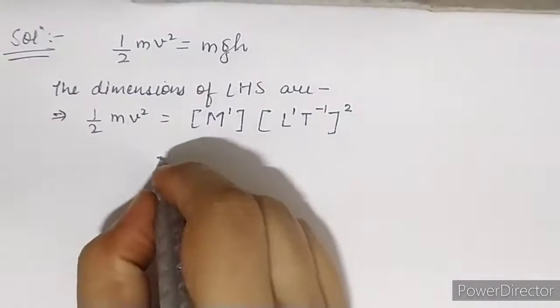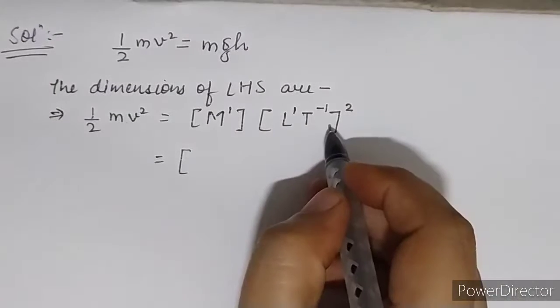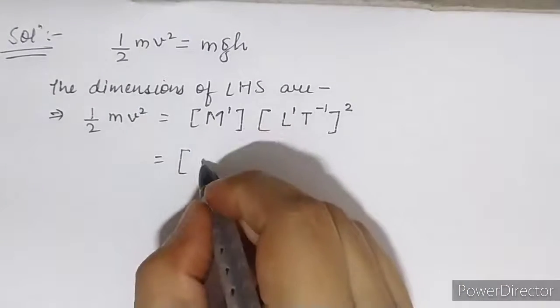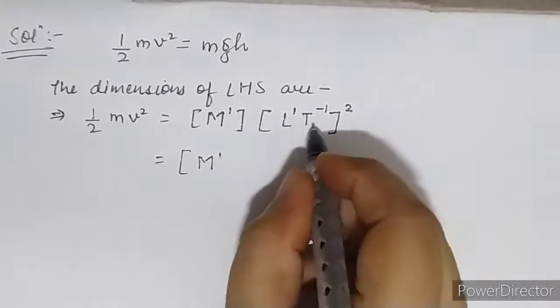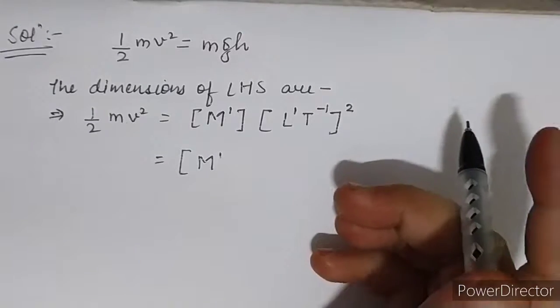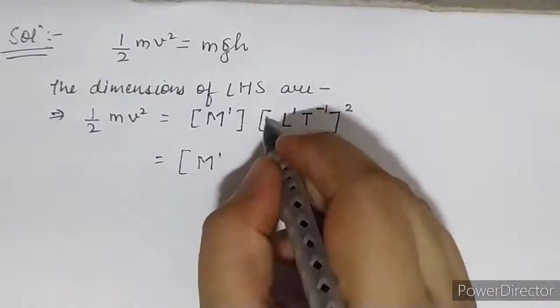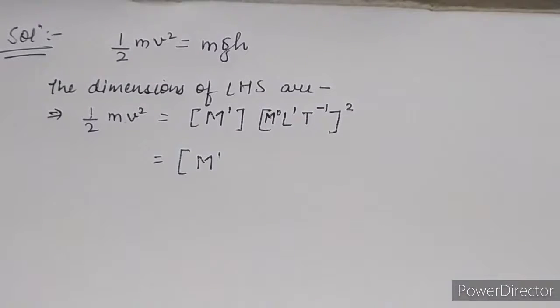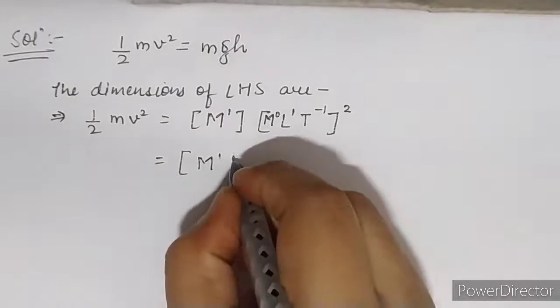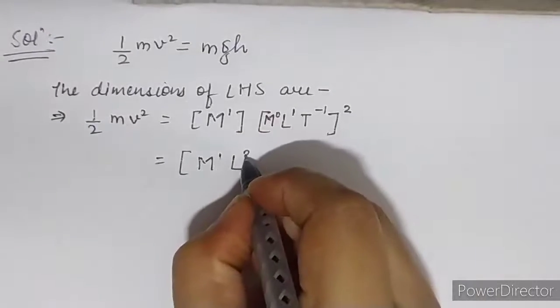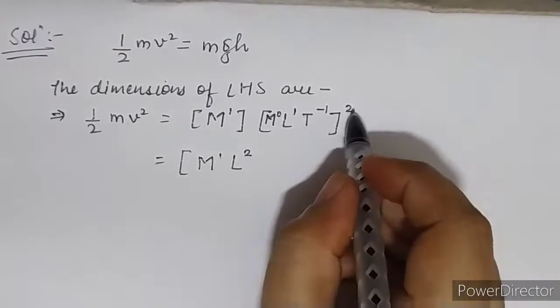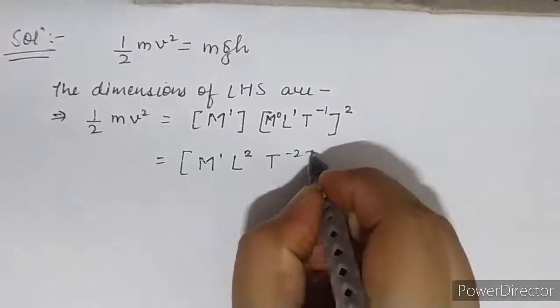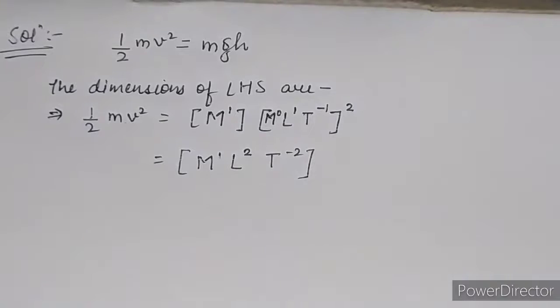I combine it and make one MLT formula. M is 1, and there is no mass in the velocity part, so I am not writing it, or you may write M0, meaning there is no mass. So M1, L1 into square is L2, T minus 1 into 2 is T minus 2. This is the value of LHS.